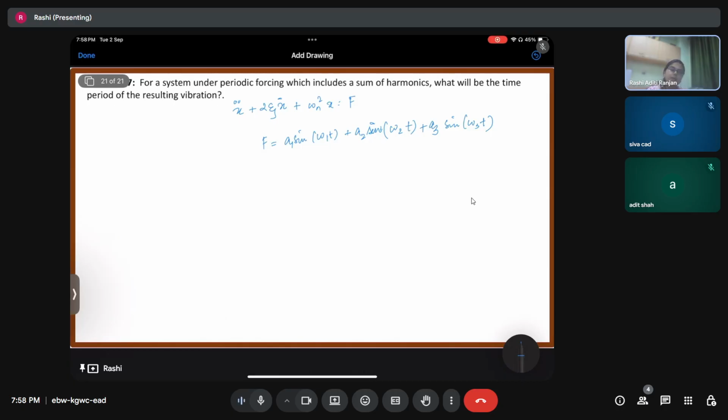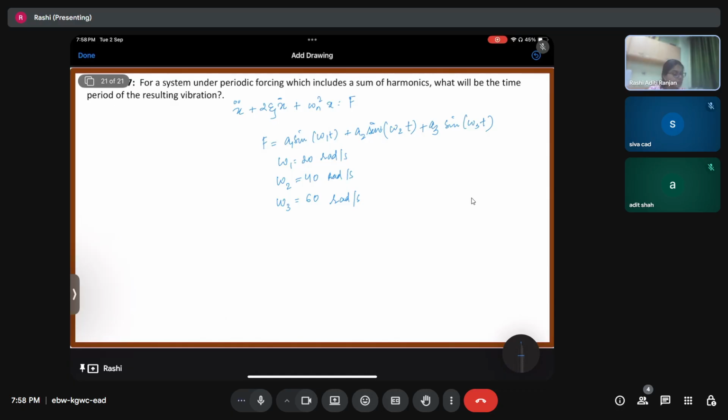So for now, we'll suppose that omega 1 is 20, omega 2 is 40, and omega 3 is 60 radians per second.